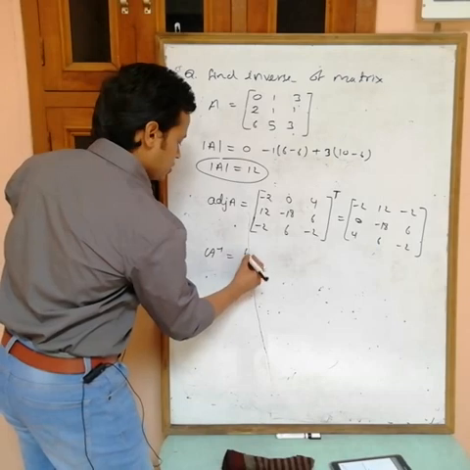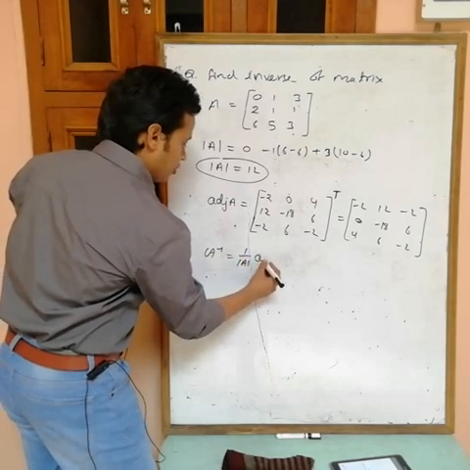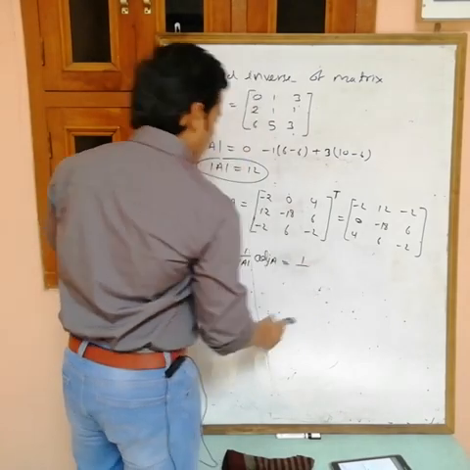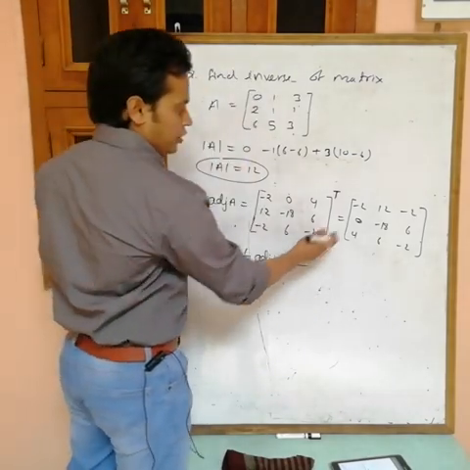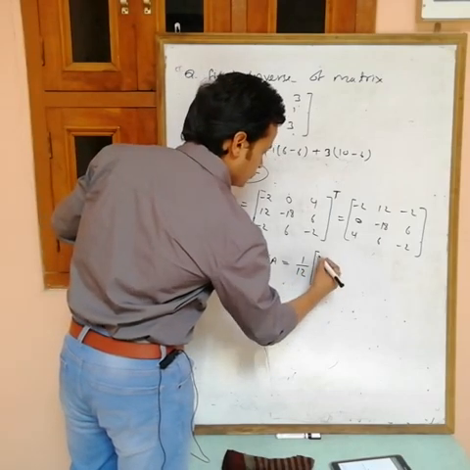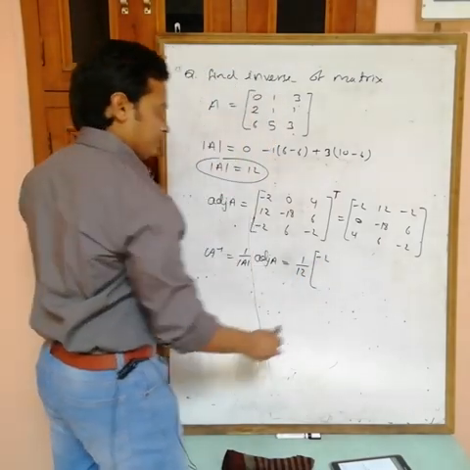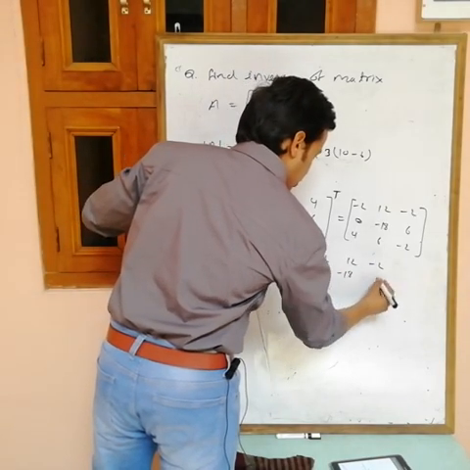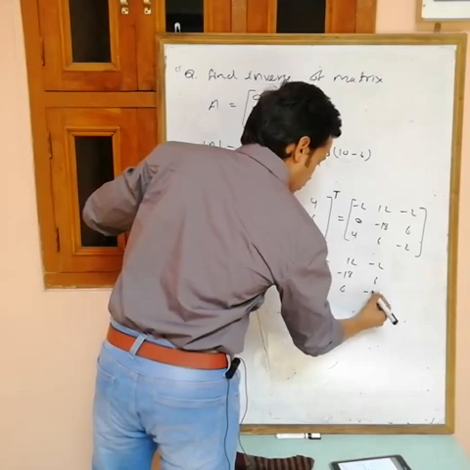Now A inverse is equal to 1 by determinant of A into adjoint of A. The determinant of A is equal to 12. Divide this one by 12: minus 2, 12 minus 2, 0 minus 18, 6, 4, 6, minus 2.